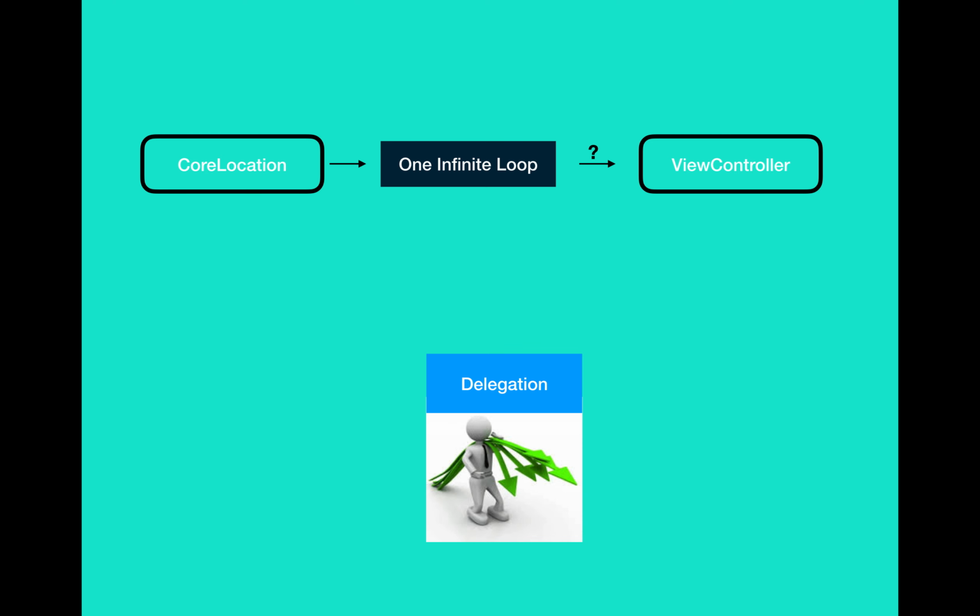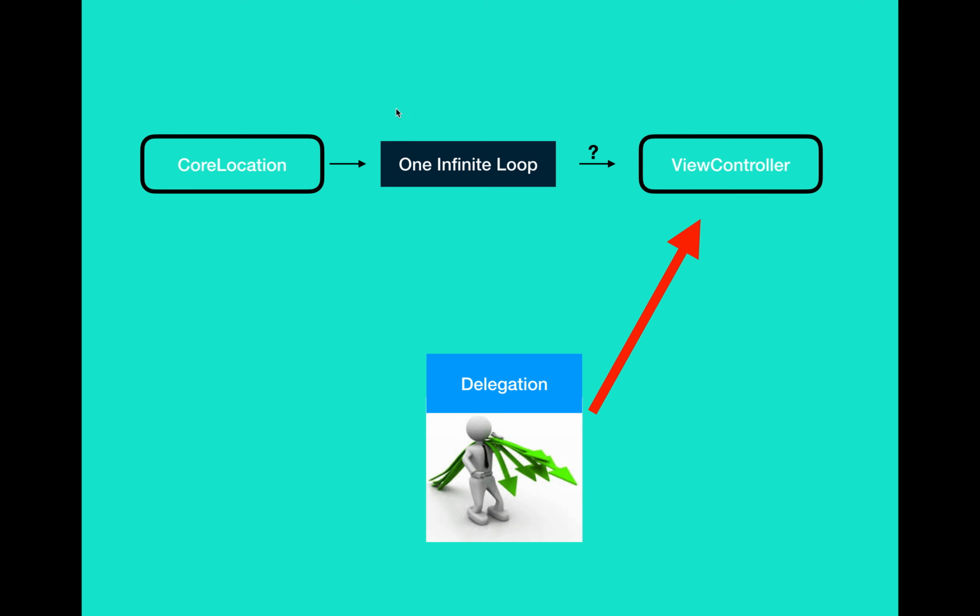If we set our view controller as a delegate of the location manager, it becomes easier for the location manager. Once the location manager finds a location, it sends it out. And if we set our view controller as the delegate of the location manager, it can identify this and send the location to our view controller.